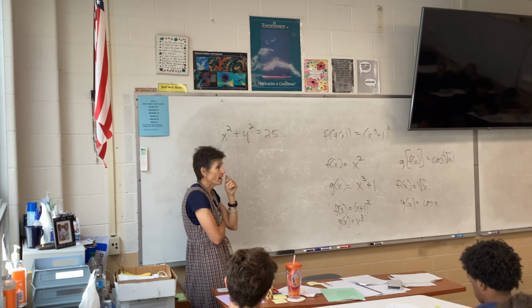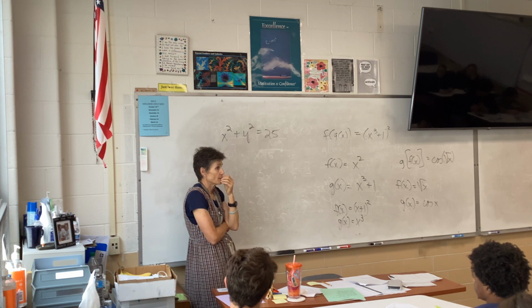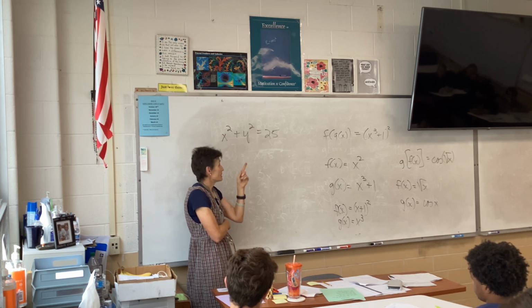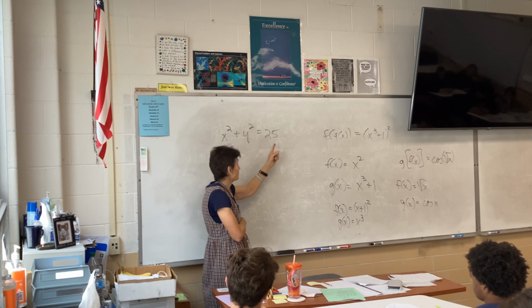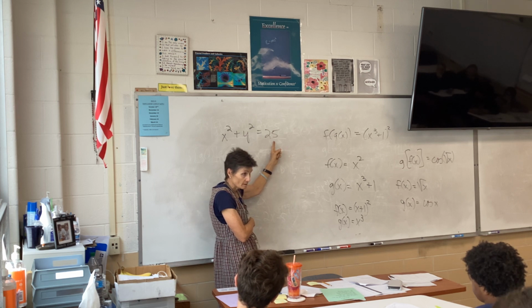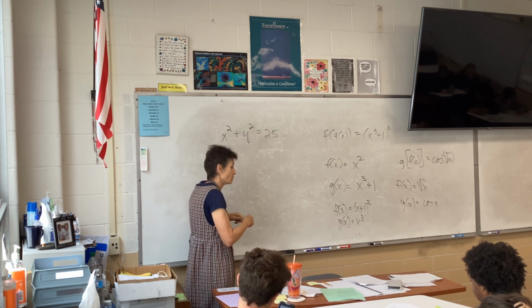A straight line would not have any squares in it. Right? A circle. This is a circle centered at the origin with a radius of 5. We talked about that back in P something or other. You need to know that's a circle centered at the origin with a radius of 5.